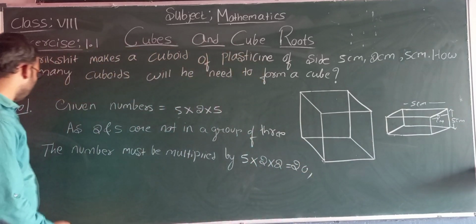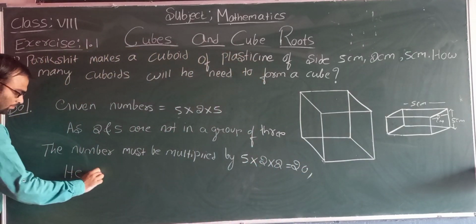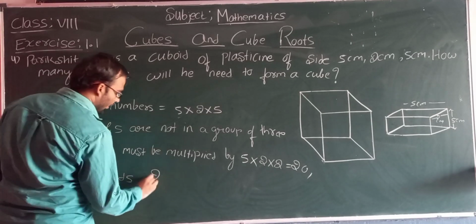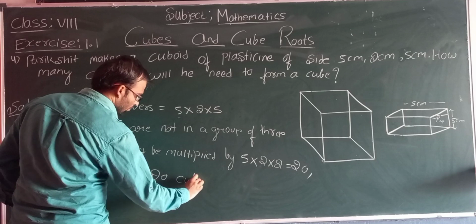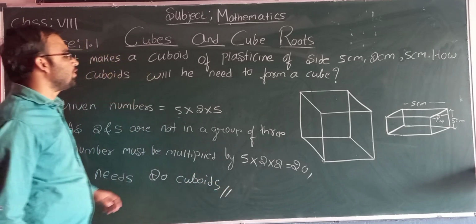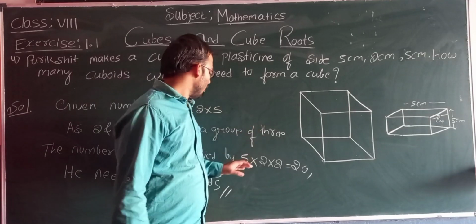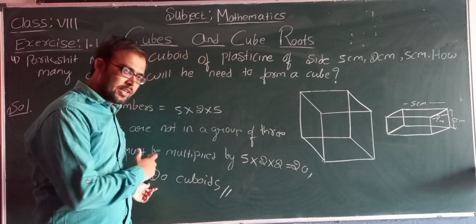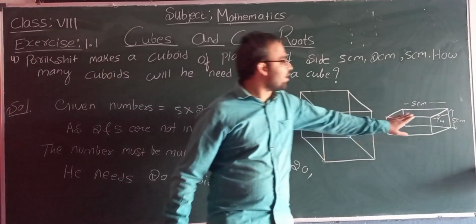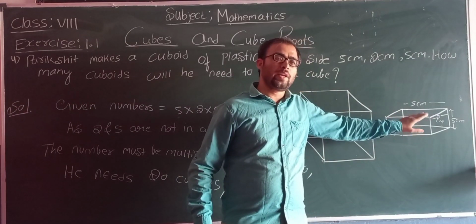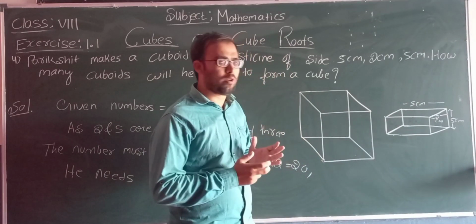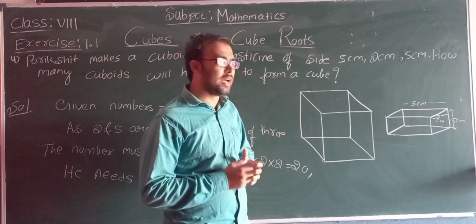Therefore he needs 20 cuboids. What is the meaning of this, students? When he gets 20 cuboids of this kind, with the help of 20 such cuboids he will be able to make a cube.